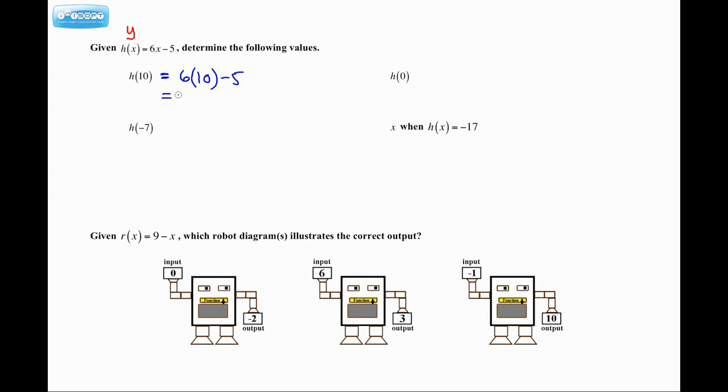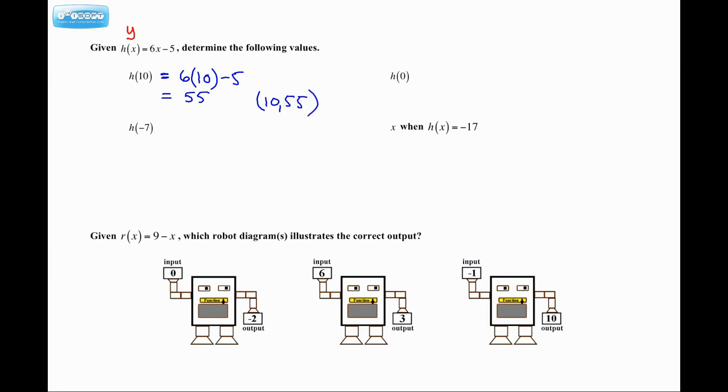So 6 times 10, of course, is 60, and 60 minus 5 is 55. Okay? So what that means is when x is 10, y is 55, or h of 10. Same thing. So as an ordered pair, let's say if I wanted to plot it, you don't have to write this down, but x would be 10 and y would be 55. So I could put a dot on a graph if I wanted to.